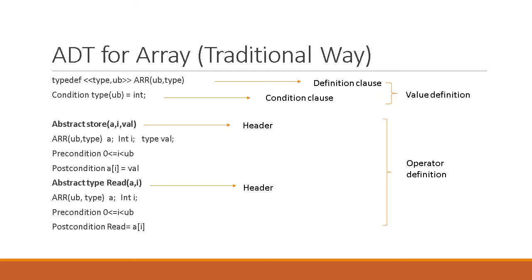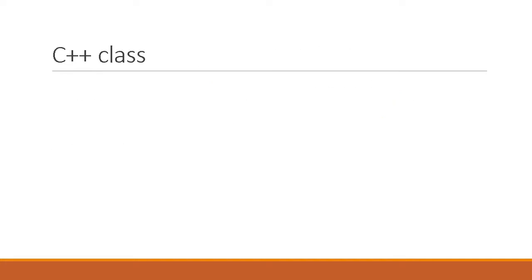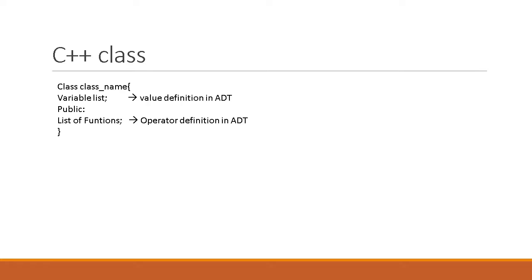We may think this is a tedious representation, but when the object oriented concept was not there, designers were writing ADTs in this format. We know that in C++, or in object oriented programming, we have the class concept, where a class is a collection of member functions and member variables.